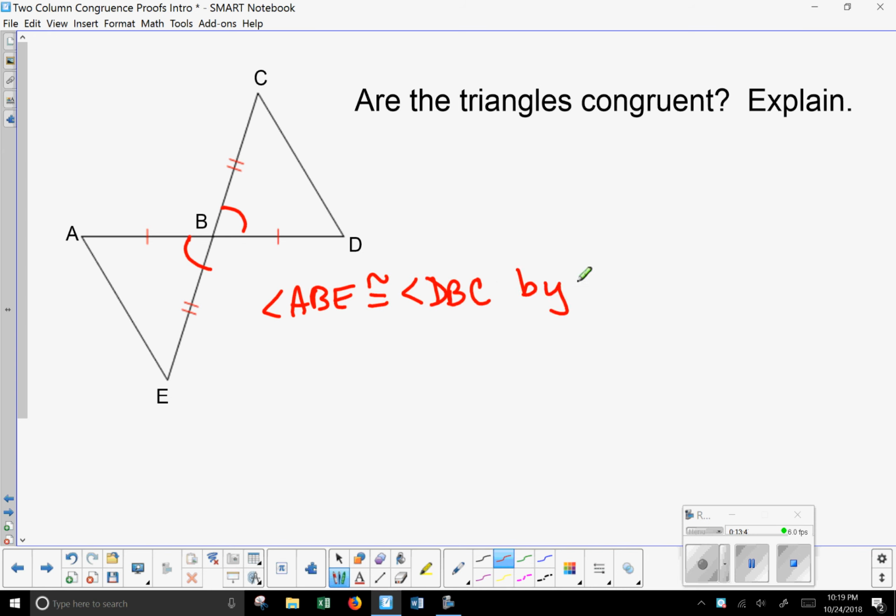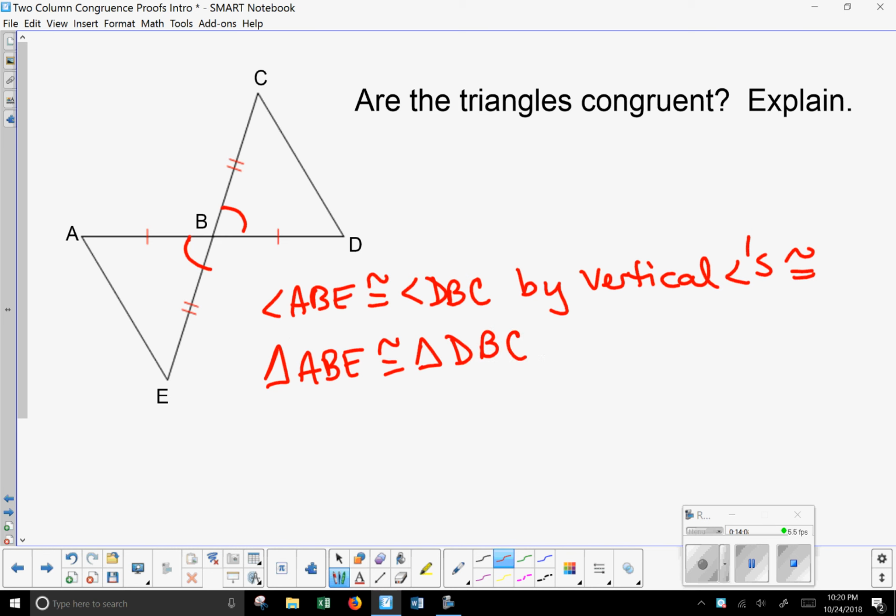And I know that because vertical angles are congruent. Well, now that I've marked it, and I've told you why I marked it, I can see that I have enough to say that triangle ABE is congruent to the triangle DBC because of side angle side.